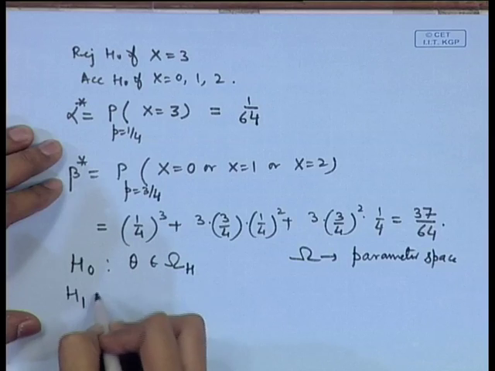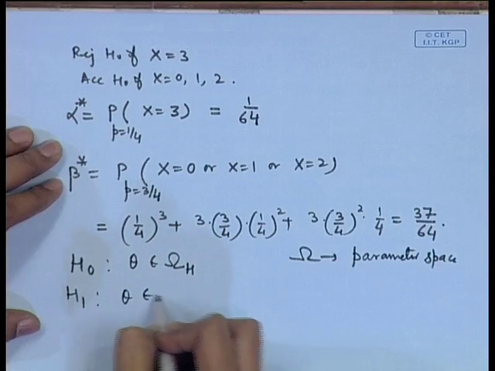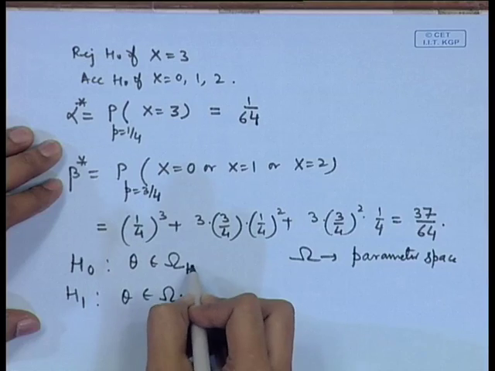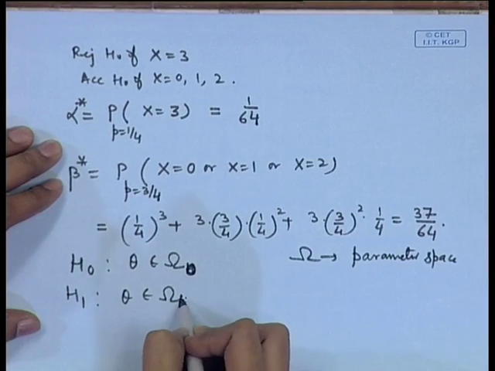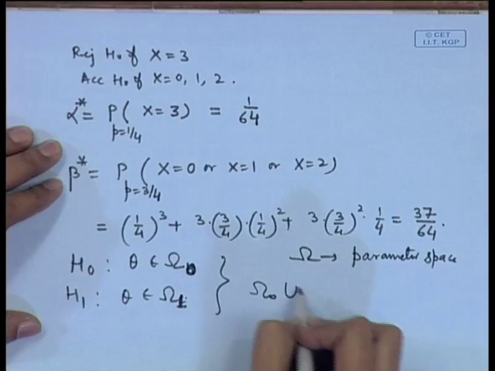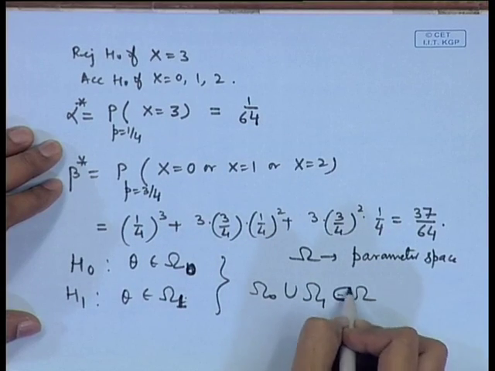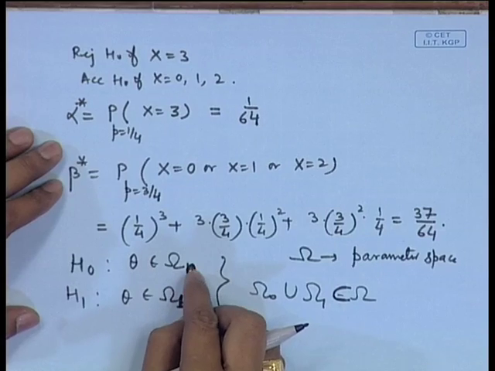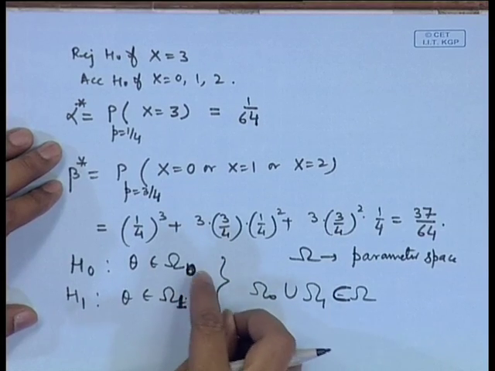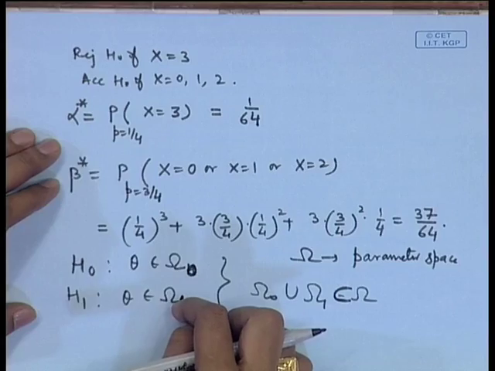You have the hypothesis testing problem as theta belonging to omega 0 against theta belonging to omega 1. So, here omega 0 union omega 1 may be omega, or it is not necessary, it may actually be a subset also, because in case we are dealing with a simple hypothesis, the full parameter space need not necessarily be this one.